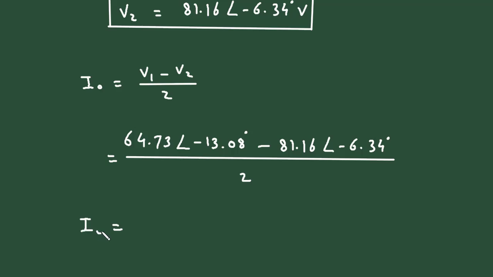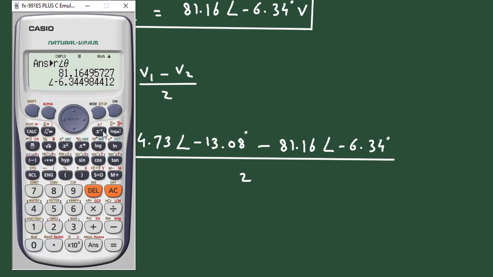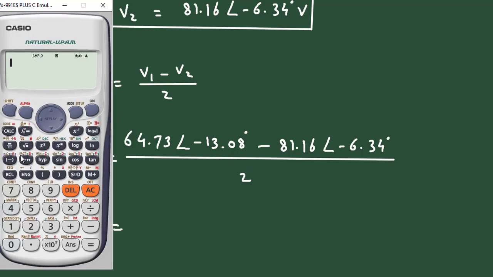So therefore IO is equal to 64.73 at an angle minus 13.08 minus 81.16 at an angle minus 6.34 divided by 2.